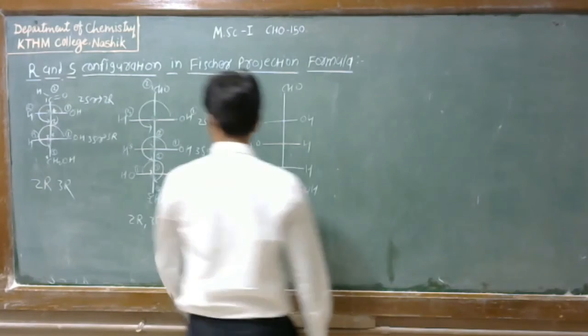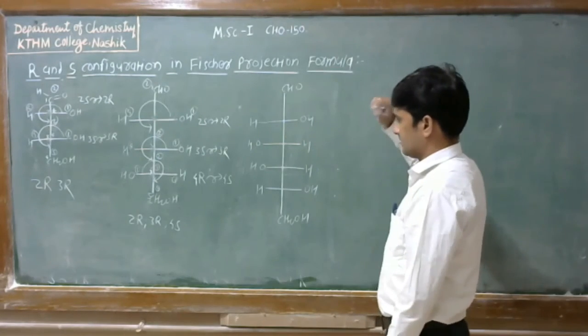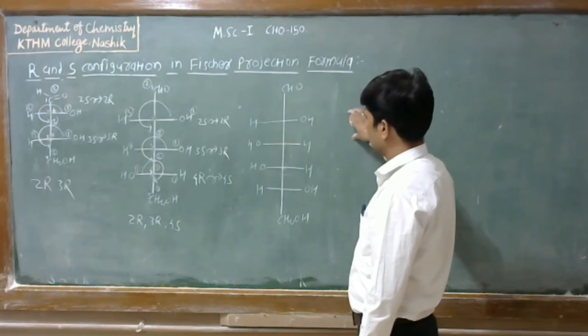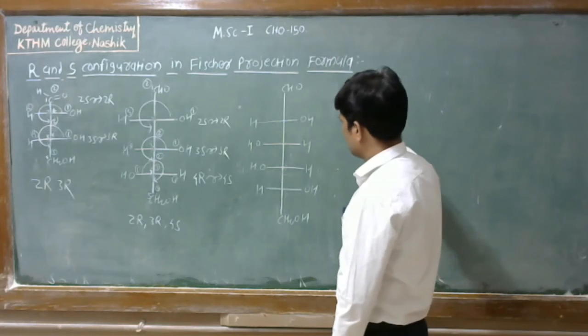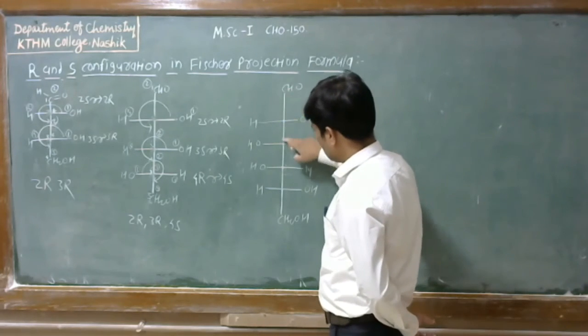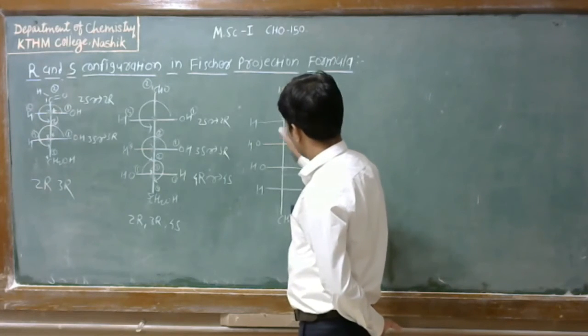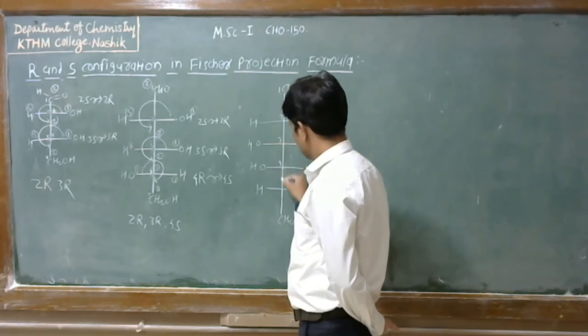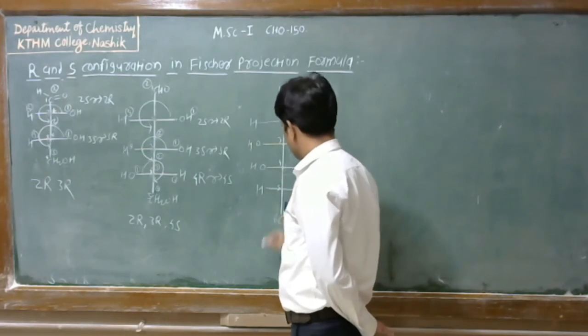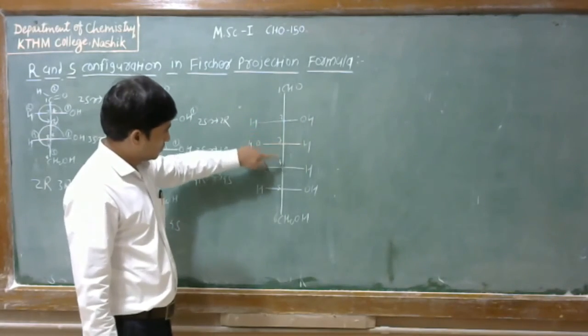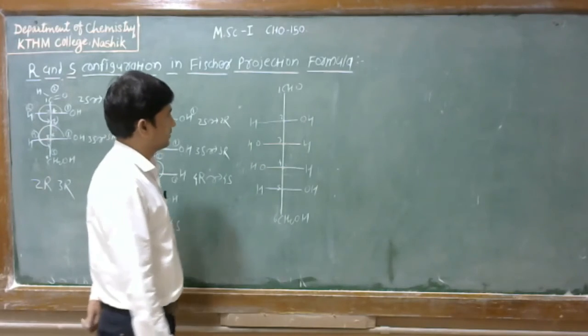Now in this case we can see here are 1, 2, 3, 4, 5, 6 carbon atoms. So numbering these carbon atoms, we can see here there are 1, 2, 3 and 4 chiral carbon atoms.